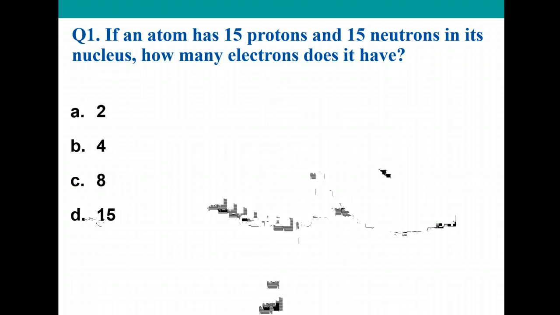Question 1. If an atom has 15 protons and 15 neutrons in its nucleus, how many electrons does it have? Please write down the letter that corresponds to the correct answer.